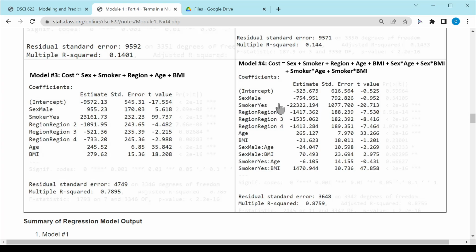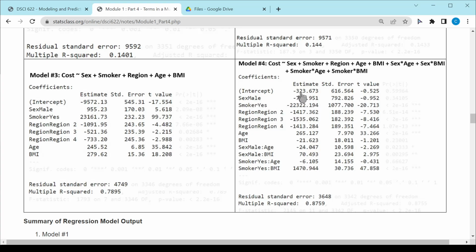This is for a male, I don't need this term. This is for a smoker, I don't need this term. This is for region 2, I don't need this term. Region 3, do not need this term. Region 4, do not need this term. So all of those I can exclude when I'm talking about a female non-smoker from region 1.